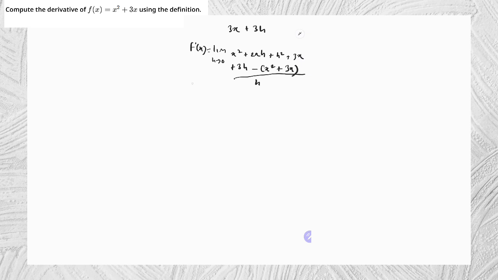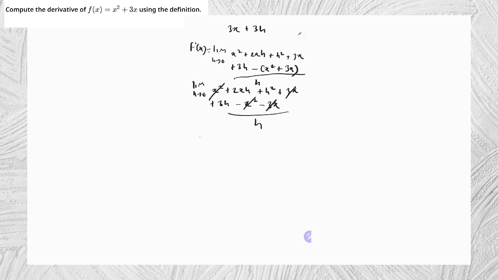Now, when you simplify the numerator, you have x squared plus 2xh plus h squared plus 3x plus 3h minus x squared minus 3x, all divided by h as you limit h to 0.